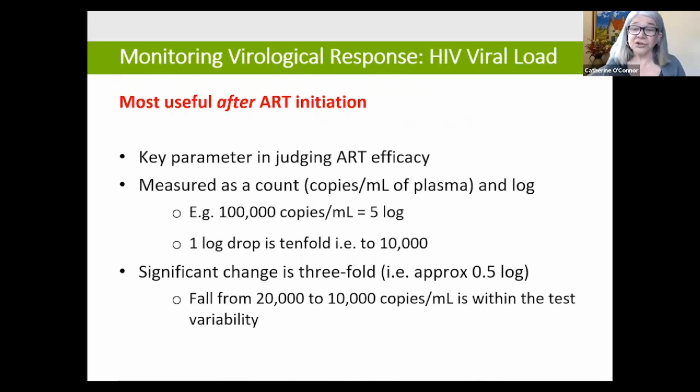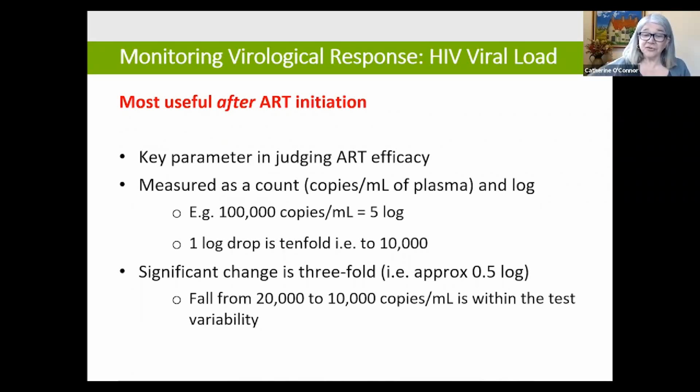Now, let's turn to the HIV viral load. This is the most useful investigation after ART initiation, and it's our key parameter for judging ART efficacy. It's measured as a count of plasma, so copies per mil of plasma, and as a log.